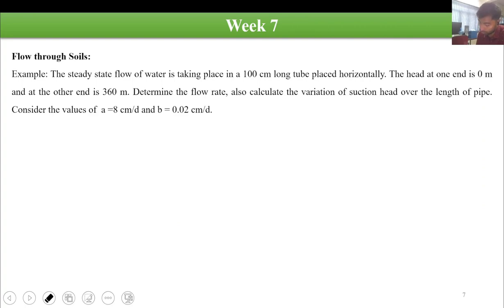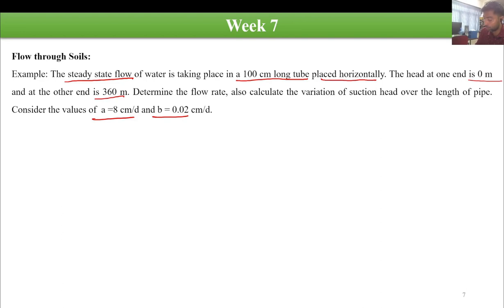The numerical is that steady state flow of water is taking place in a 100-meter long tube, spaced horizontally. The head at one end is 0 meter, and at the other end is 360 meters. We need to determine the flow rate and also calculate the variation of suction head over the length of the pipe. The values of A and B are provided here.